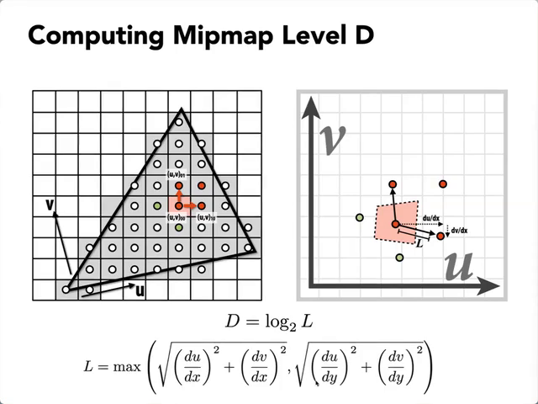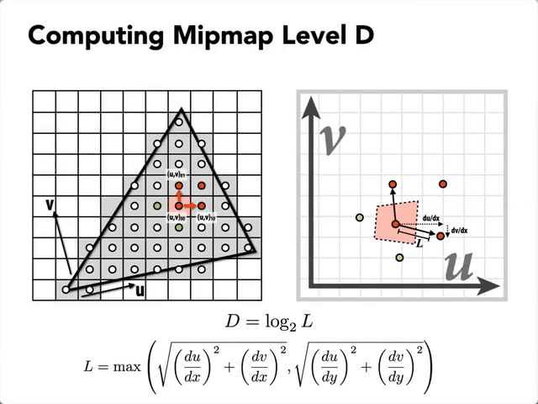Now, what's going on here? Basically we're trying to estimate the length in pixels of the projection of neighboring screen space samples after they've been projected into texture space. If it's one-to-one, it means that we'll just sample from the highest resolution texture. If it's a very large number of pixels, like 8 pixels across for this L, then we're saying, hey, we need to go to a lower resolution texture.